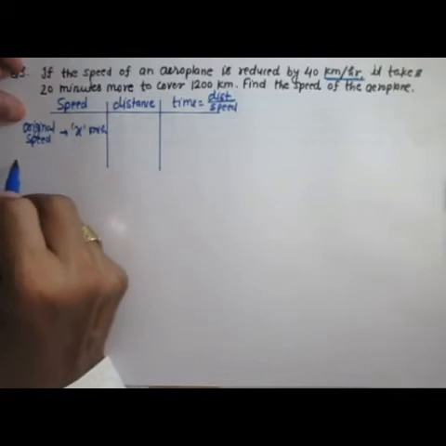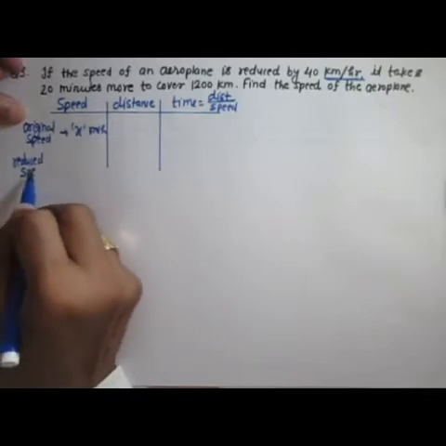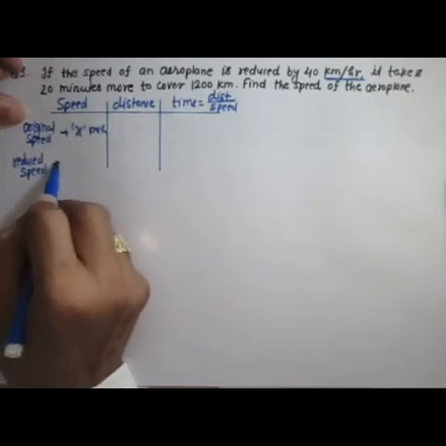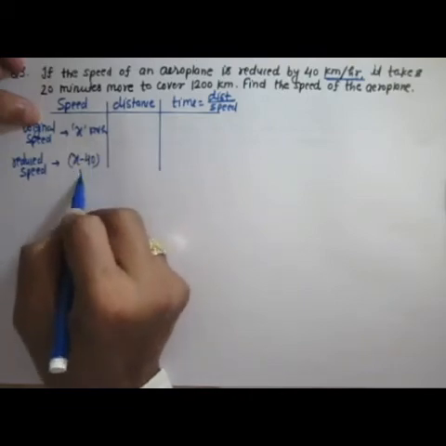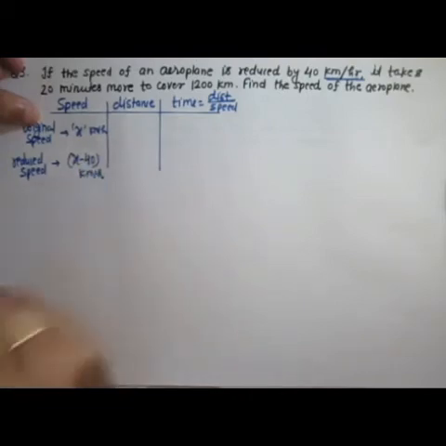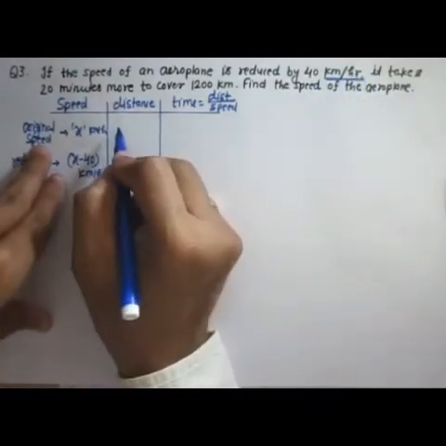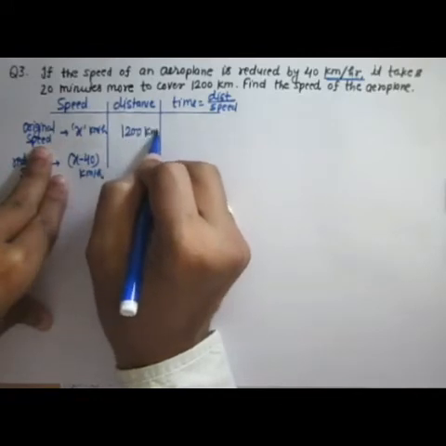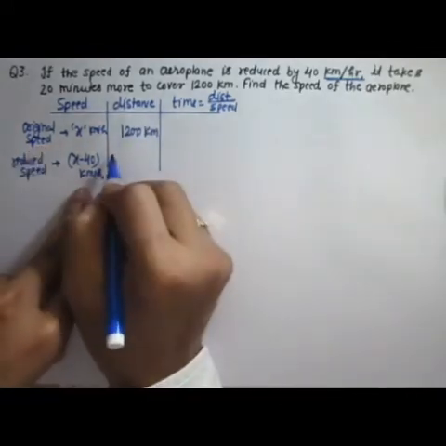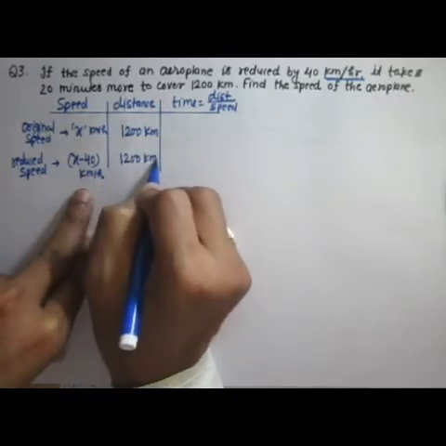Now the reduced speed of aeroplane is x minus 40 kilometer per hour, because it is reduced by 40 kilometer per hour. Now with the original speed, the distance covered is 1200 kilometer, and with the reduced speed also the distance covered is 1200 kilometer.